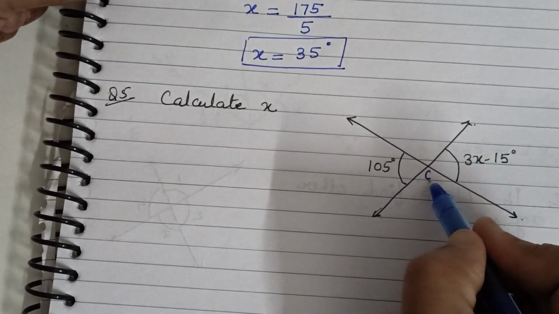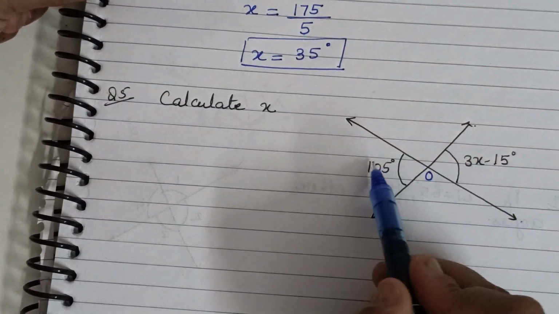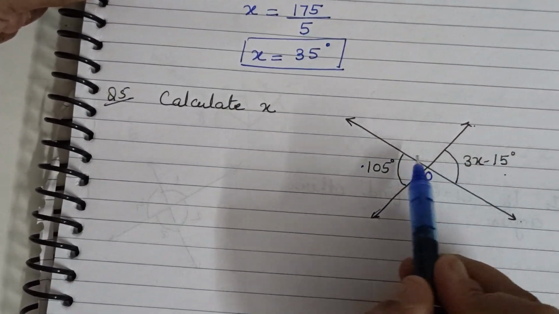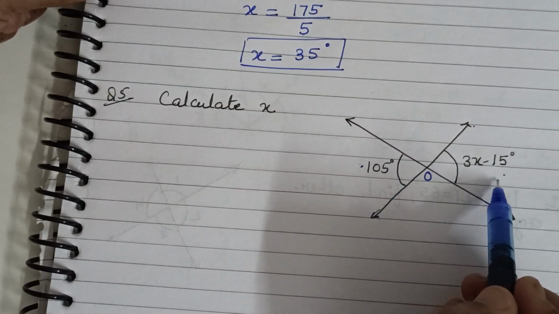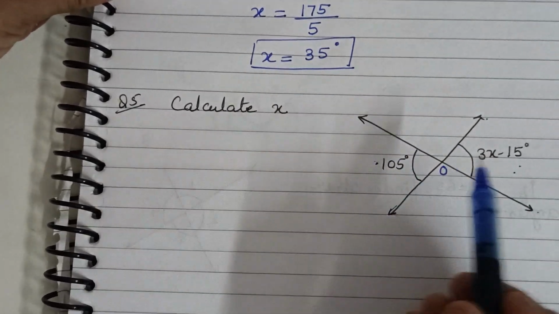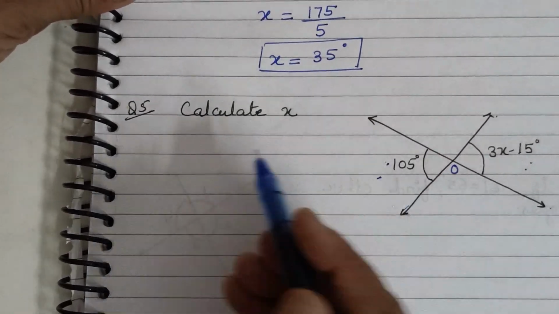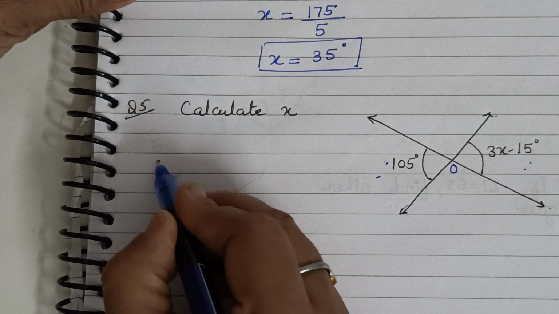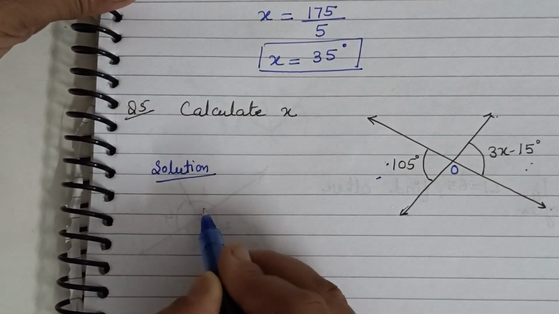They both are intersecting at point O. So this angle and this angle are equal to each other because they are vertical opposite to each other. So you can see this angle is exactly the same as this angle. What is the reason behind it? They are vertical opposite angles.